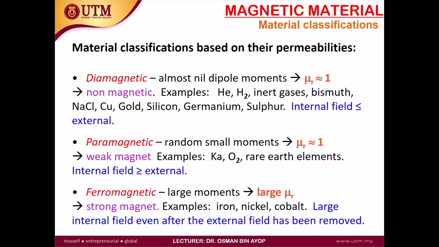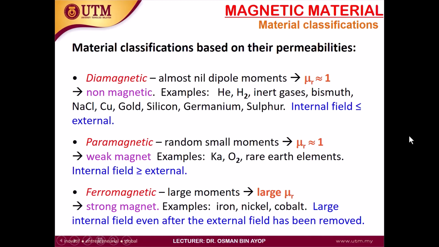We consider diamagnetic as non-magnetic. For example, helium, hydrogen, inert gases, bismuth, sodium chloride, copper, gold, silicon, germanium, sulfur, and so on. For this case, the internal field is less than the external field.